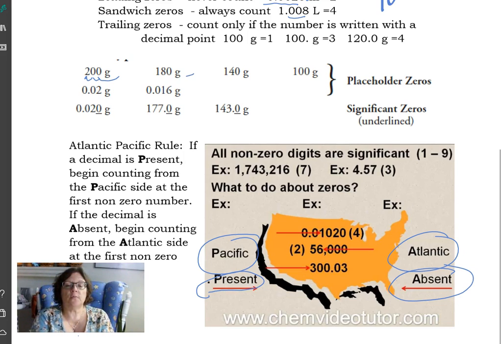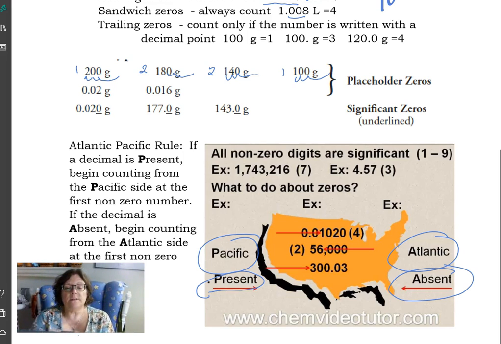We're going to start from the right. Again, no decimal. That one doesn't count. 1, 2. We have 2. This one had 1. This one has 2. Again, no decimal, so we start from the right. 1, 2. Again, no decimal, we start from the right. And we have 1.